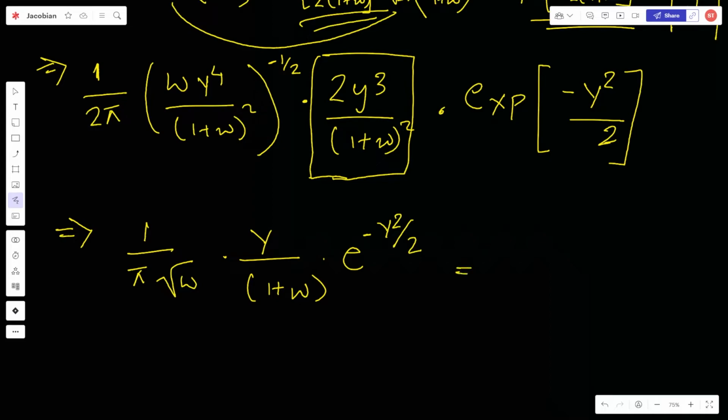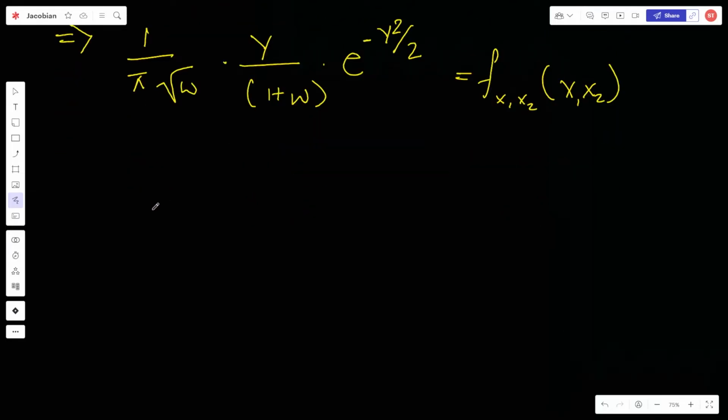This is our PDF of f x1, x2. Now that we do have our PDF, we can just calculate our marginals for y and w. So we can go ahead and find our marginal distributions for y and w.